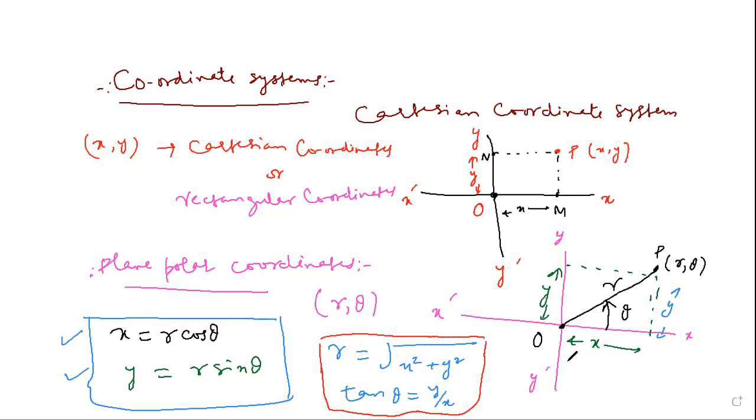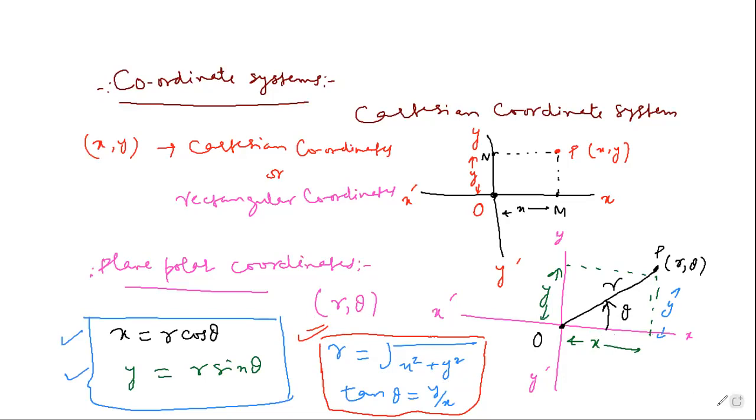So r square is x square plus y square by Pythagoras theorem, so r is under root x square plus y square. Tan theta is y by x. You must remember these relations.